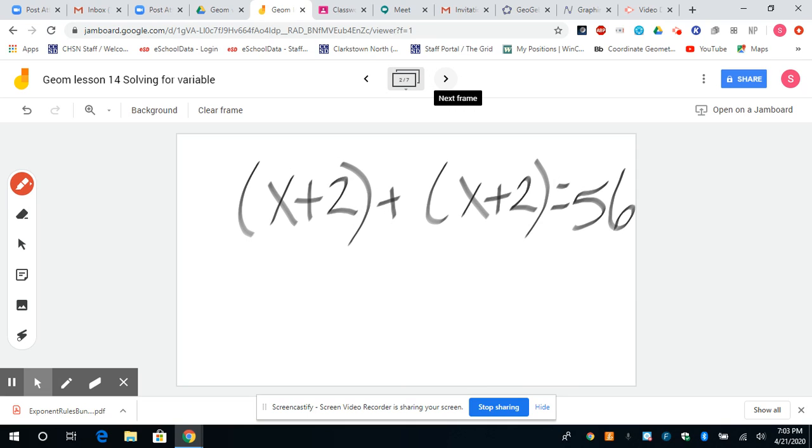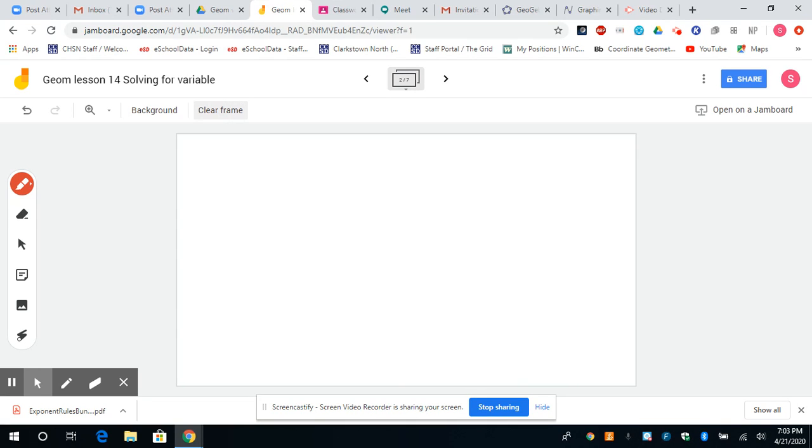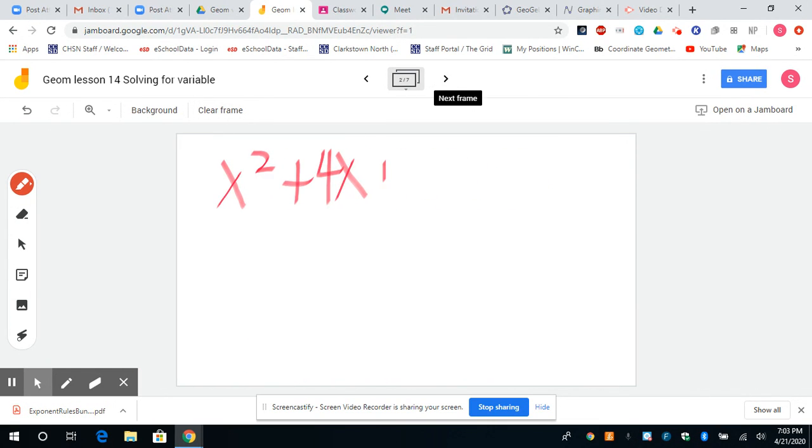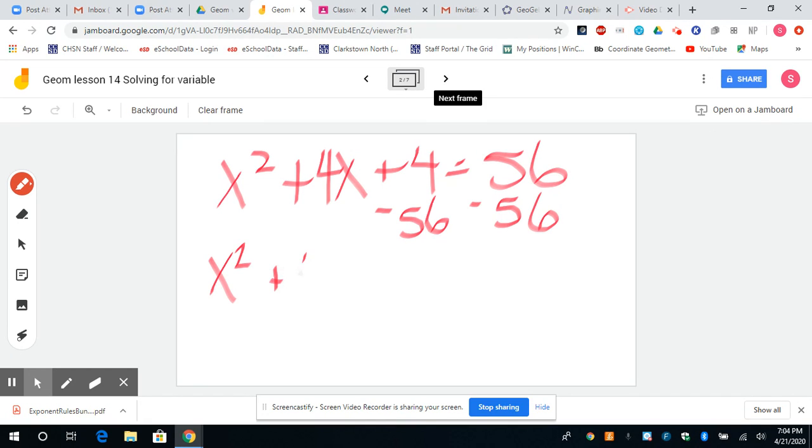If you remember factoring, let's continue to this slide. So right now we have x squared plus 4x plus 4 equals 56. All right, so what I'm going to do now is move this 56 over. And what you're going to do is take notes while you watch me. Maybe some of you remember this.